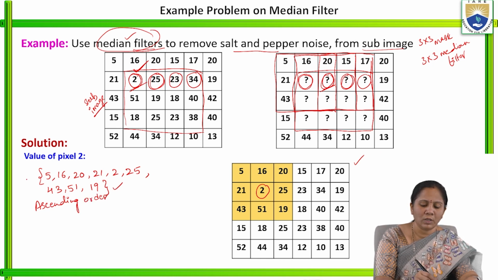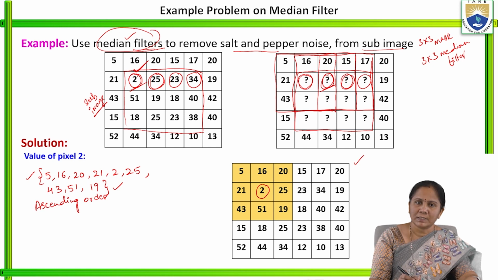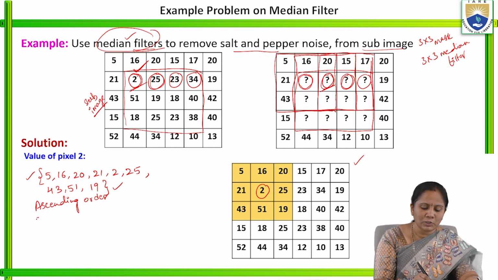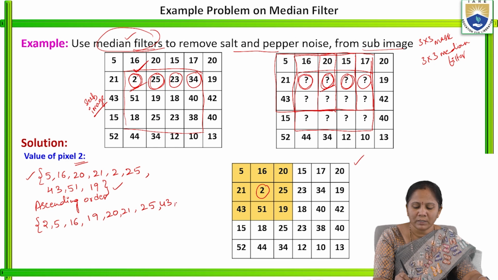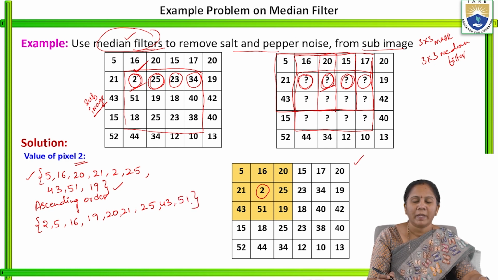We have to arrange all these values in ascending order. So if we arrange them, we will have 2, 5, 16, 19, 20, 21, 25, 43 and 51.